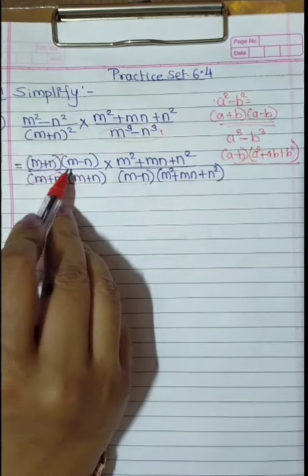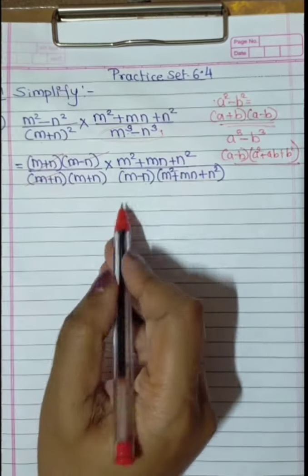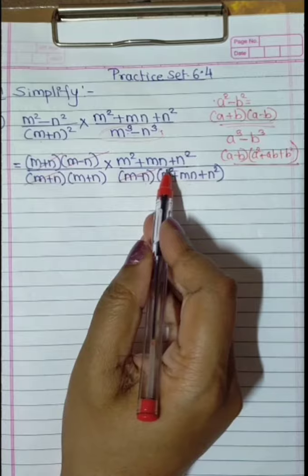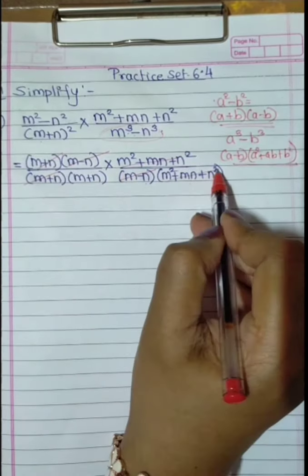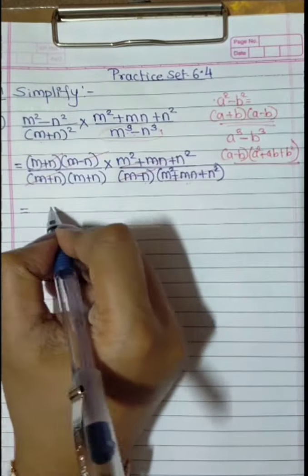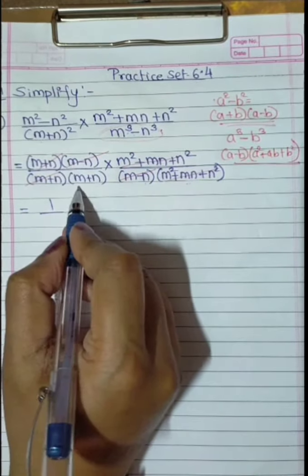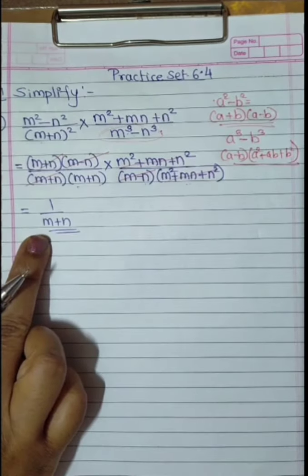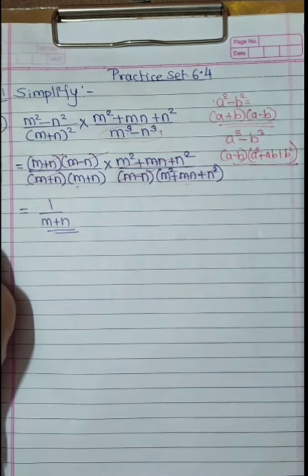Then m minus n and m minus n are cancelled. Now again you can see this whole thing gets cancelled. Now we got the answer 1 upon m plus n. This is the answer of the first question.